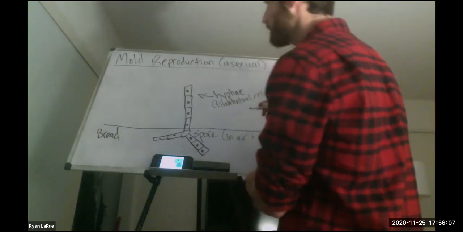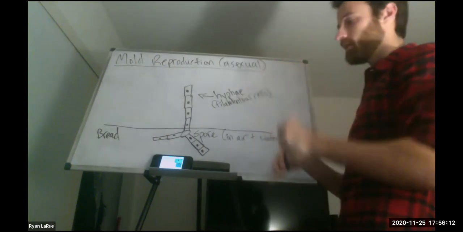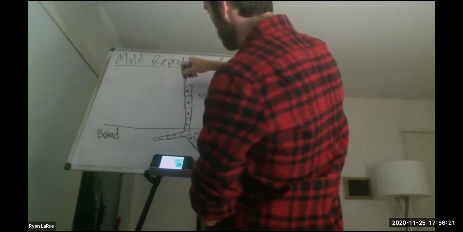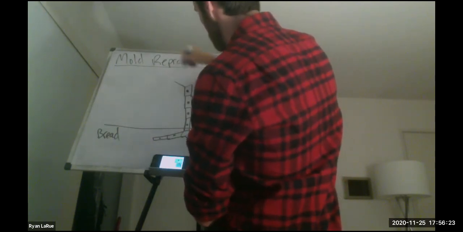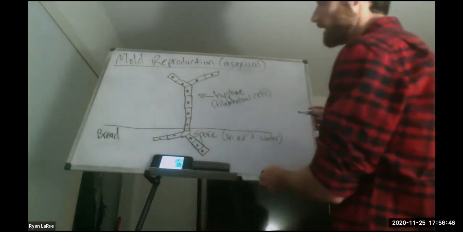Okay, and then I'm actually going to draw this. What happens at the ends of these hyphae, structures form called sporangia. So I'm going to draw those, and then I'll explain what those do. They continue to branch out, branching out like this.